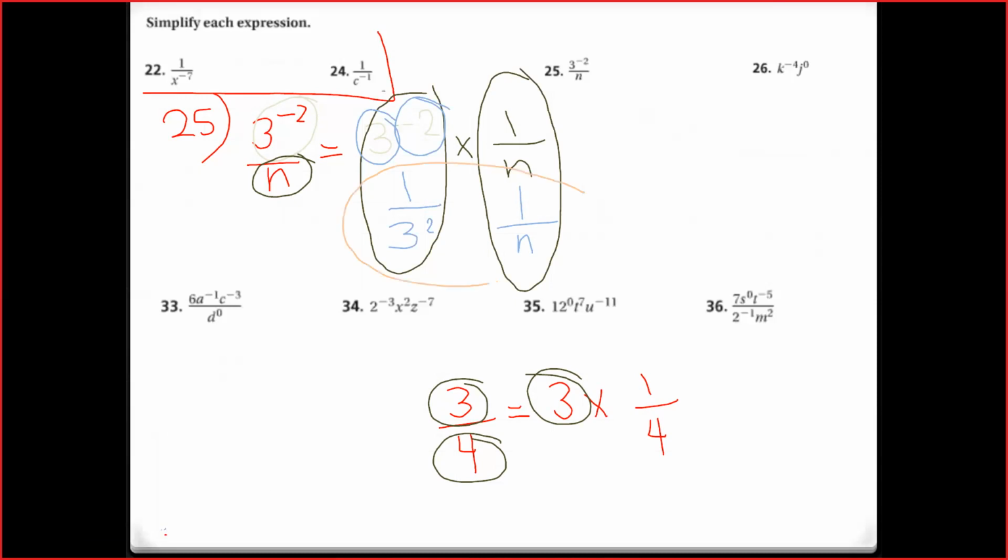Then multiply them. 1 over 3 squared is what? 9. Multiplied by 1 over n. So the answer is 1 multiplied by 1 is 1, and 9 multiplied by n is 9n. Clear now? Is it clear, number 25? Okay.